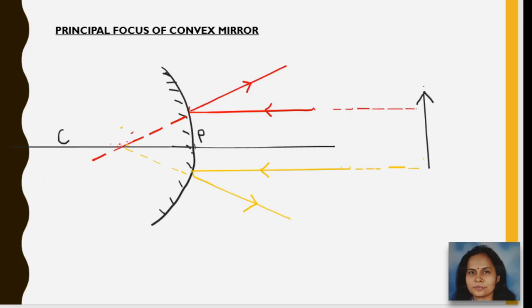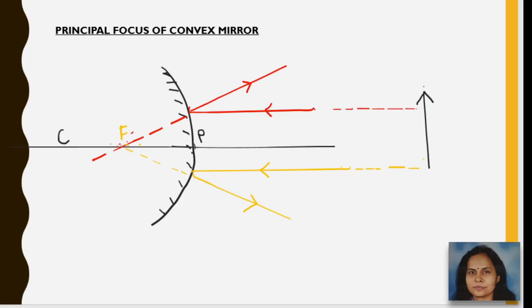So this point is known as the principal focus. As you can see, in case of a convex mirror, the principal focus is the same as the case for the center of curvature. The center of curvature and principal focus both lie behind the reflecting surface of the convex mirror.